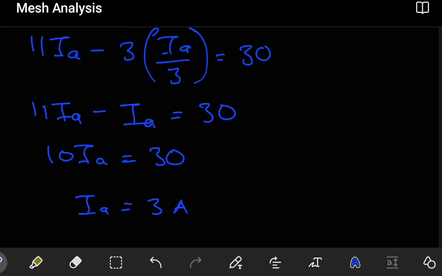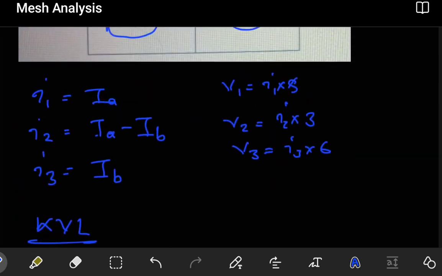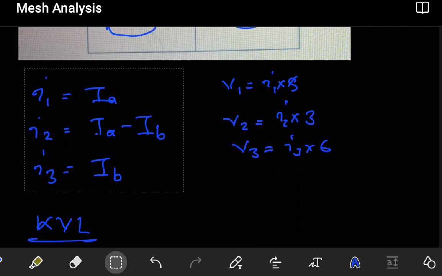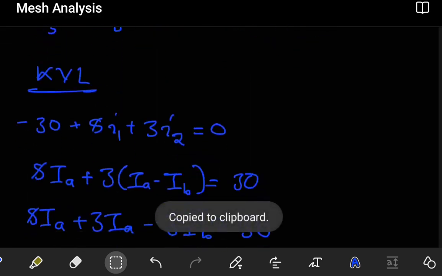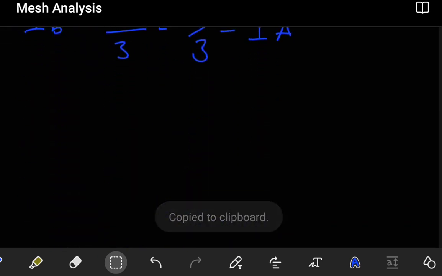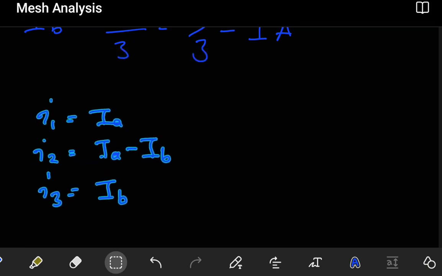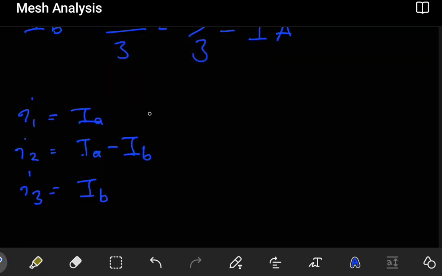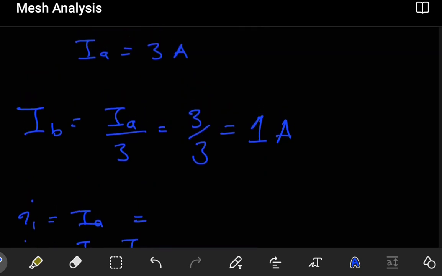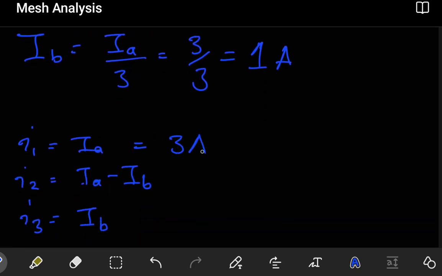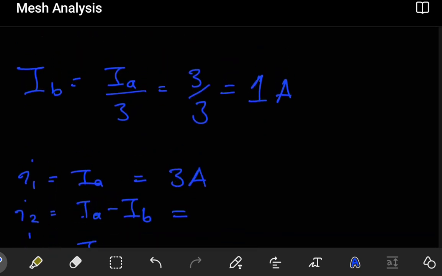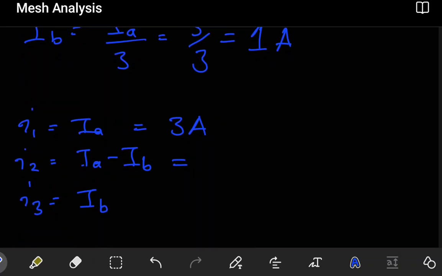Having found IA and IB, we can easily now get what the individual currents are. So just copy this, bring it here. Now we see that our I1 is the same as IA, which is just 3 amps. Our I2 is IA minus IB.